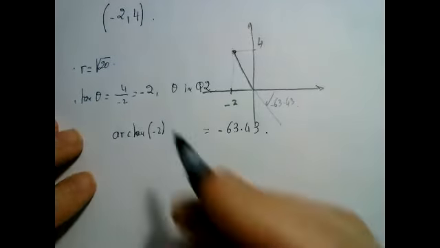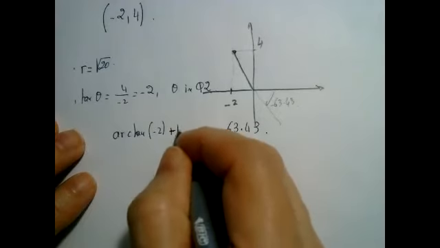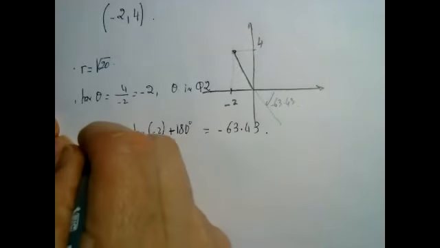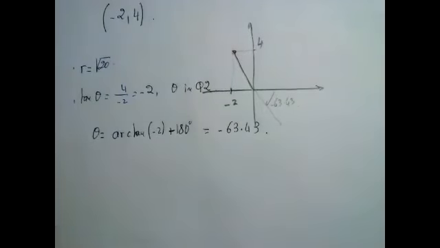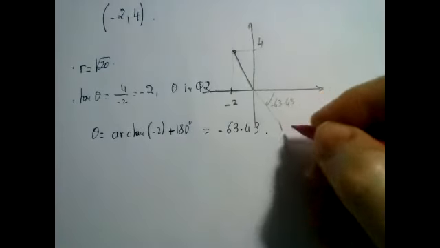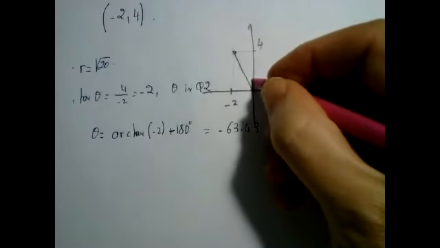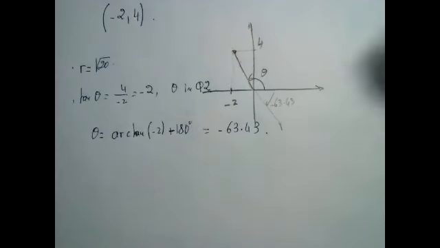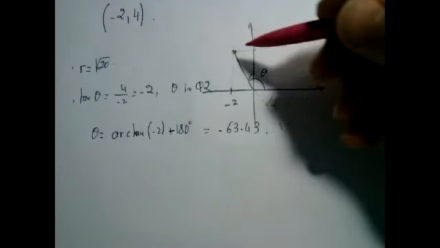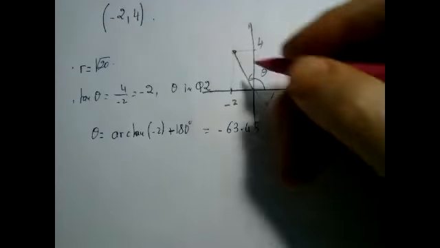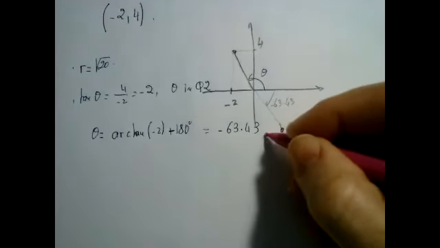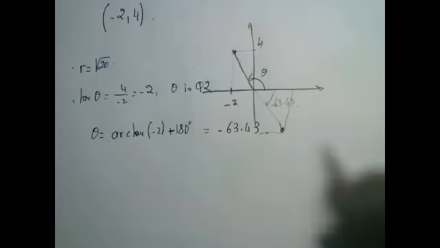That's the point I want to write here. So to get that, I add pi or the 180 in my scenario, because the calculator will give me the one here. The one I'm interested in is where theta is, so I had to add 180, because those two points have the same tangent.